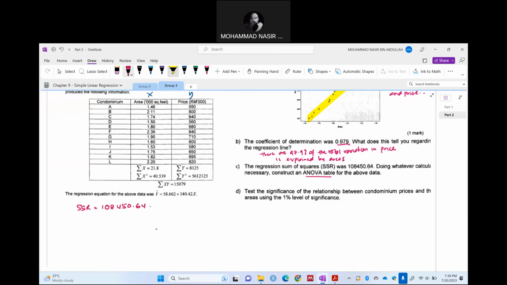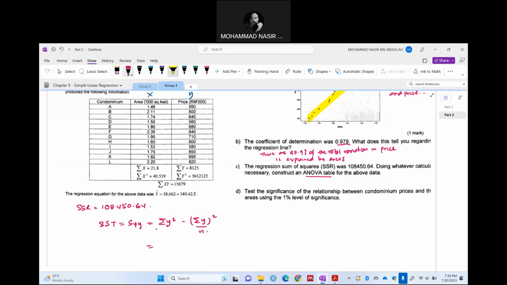In the ANOVA table, we need another piece of information, SSE or SST. SSE is very complicated to calculate. We need Syy minus Sxy squared divided by Sxx. The simple one is SST. So SST is equal to Syy. So we calculate this one: summation of y square minus summation of y, squared, divided by n.